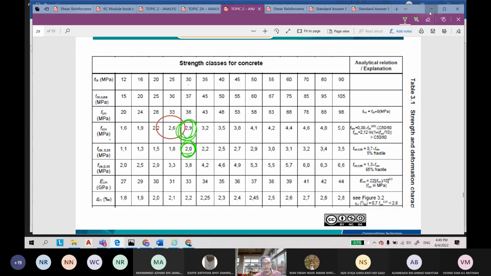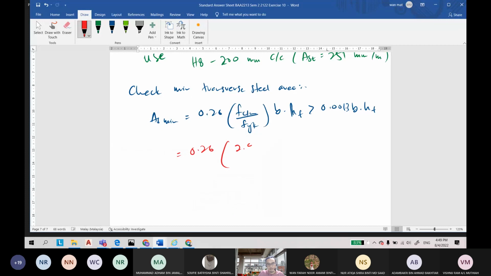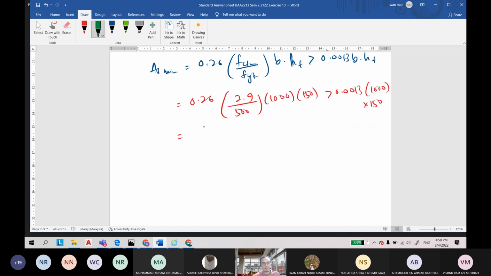So 2.9 divided by 500 times 1000 times 150, equals any value for this one? 226 mm square.